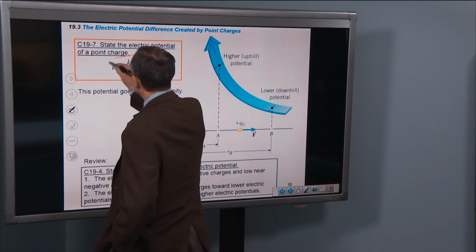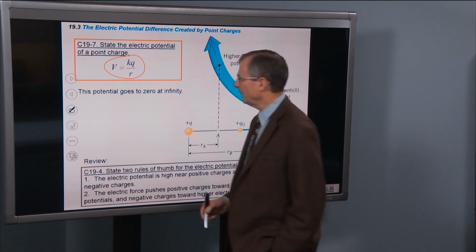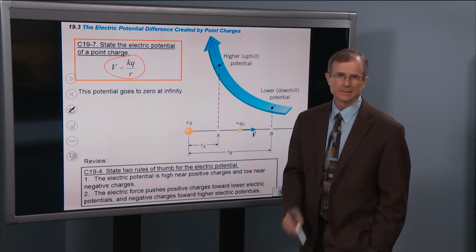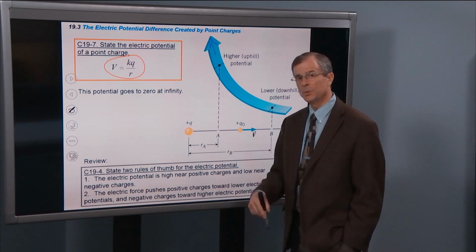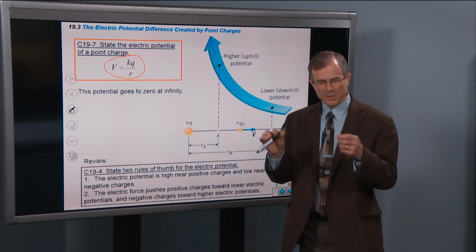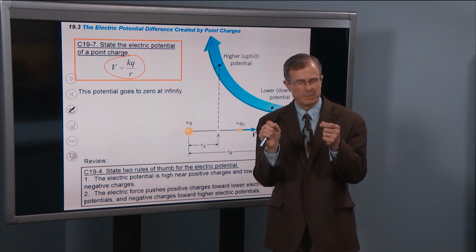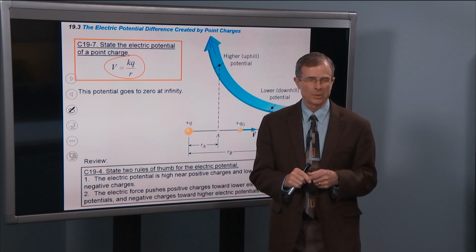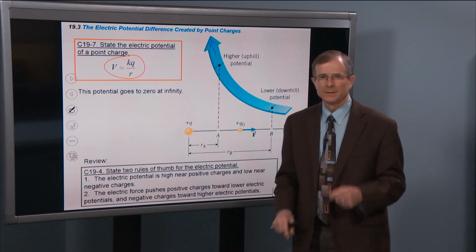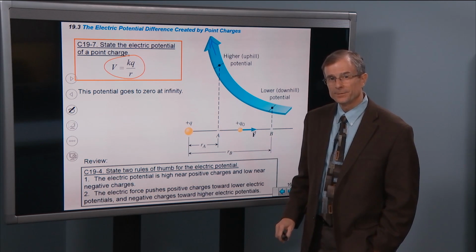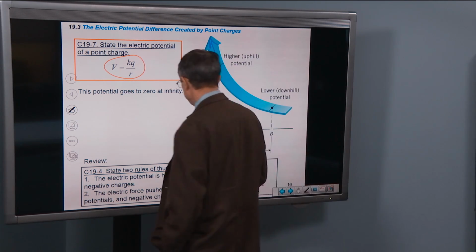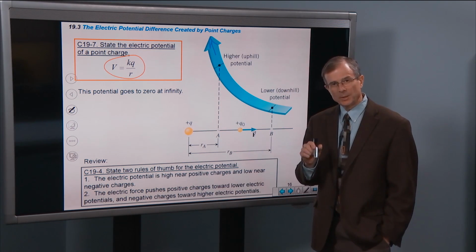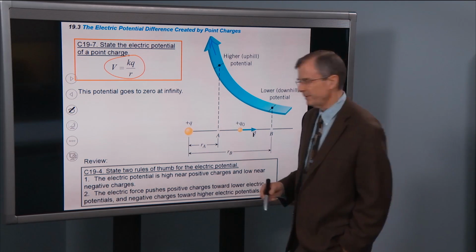It's kq over r. You might say, well, it looks a little similar to Coulomb's law. And I would say, good call, because that's where it comes from. Coulomb's law has to do, as you might remember, with the force between 2 point charges. And also, from Coulomb's law, we got the electric field produced by a single point charge at a distance r away from that charge.